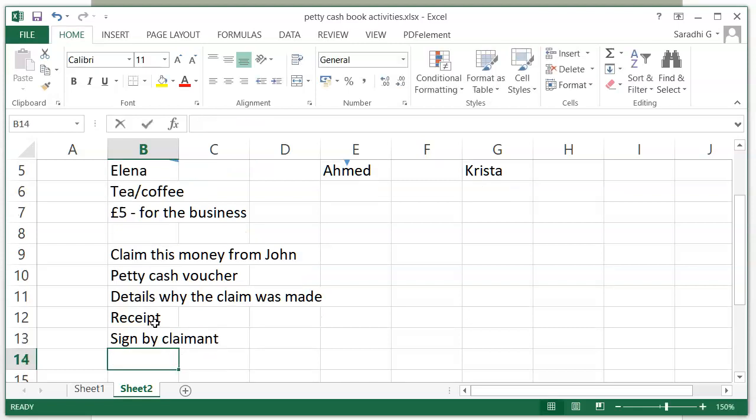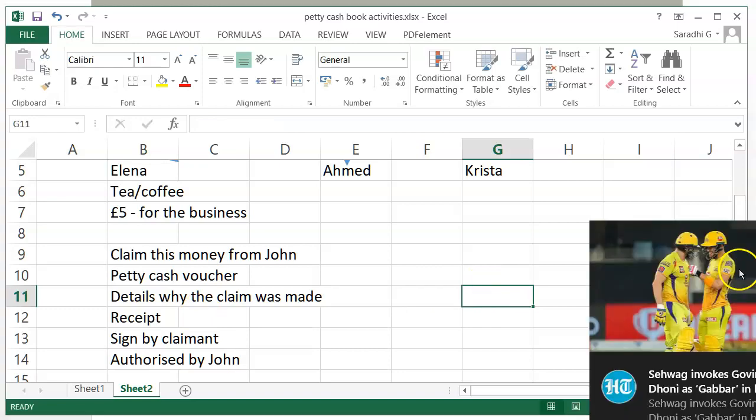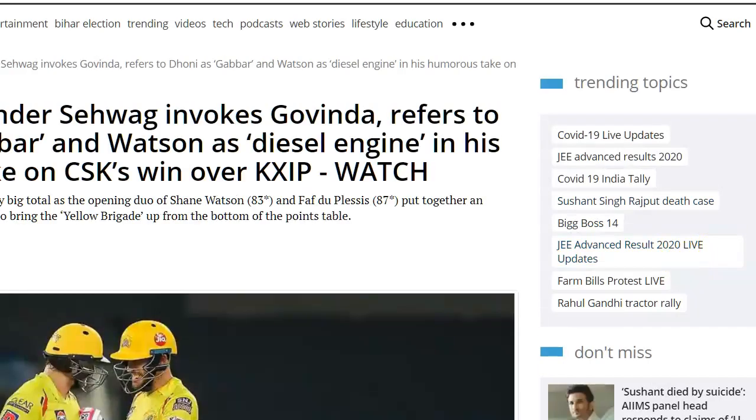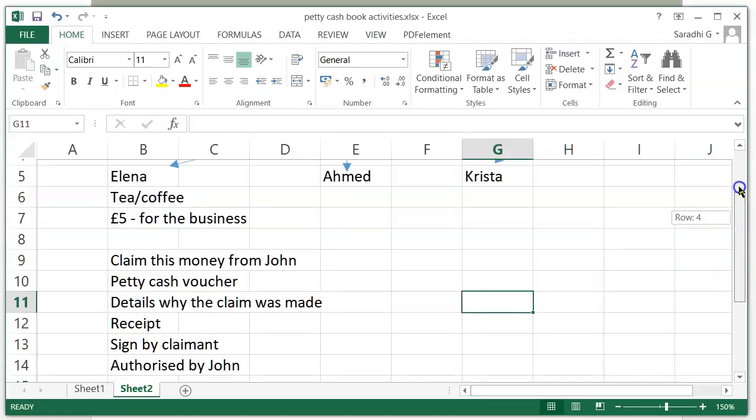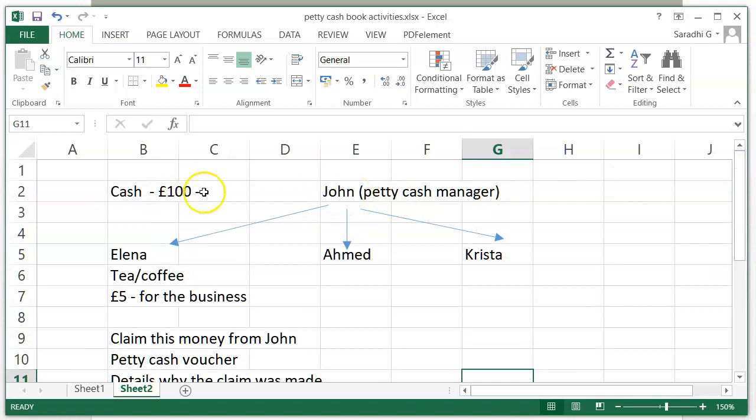And then it will need to be authorized by John. Once all of this is completed, John will reimburse that £5 back to Elena.